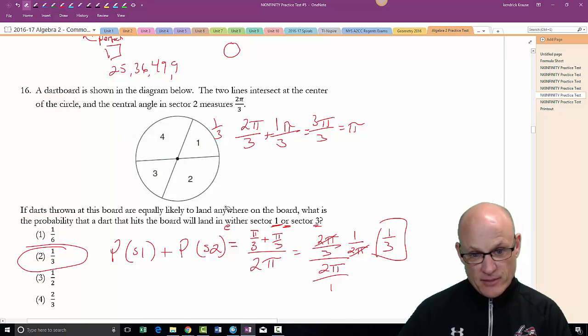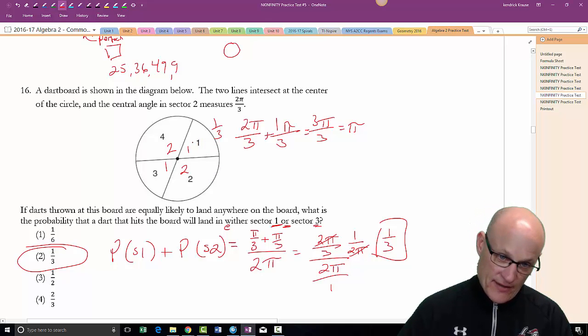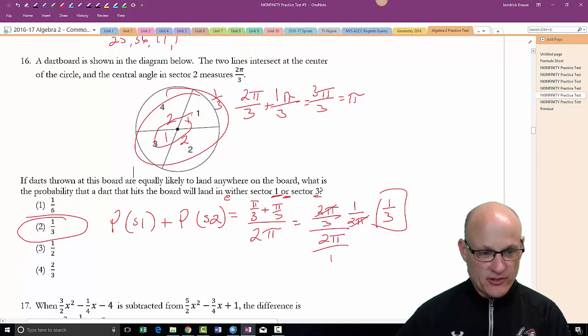Another way to think about it is to break it up into pieces. This would be 2 pieces, this would be 1 piece, this would be 2 pieces, this would be 1 piece, because if this is 2 pi over 3, this is just half of that, which would be pi over 3. And that means if I add these up, that's 2 out of a total of 6. Anyway, 1/3 is the answer.